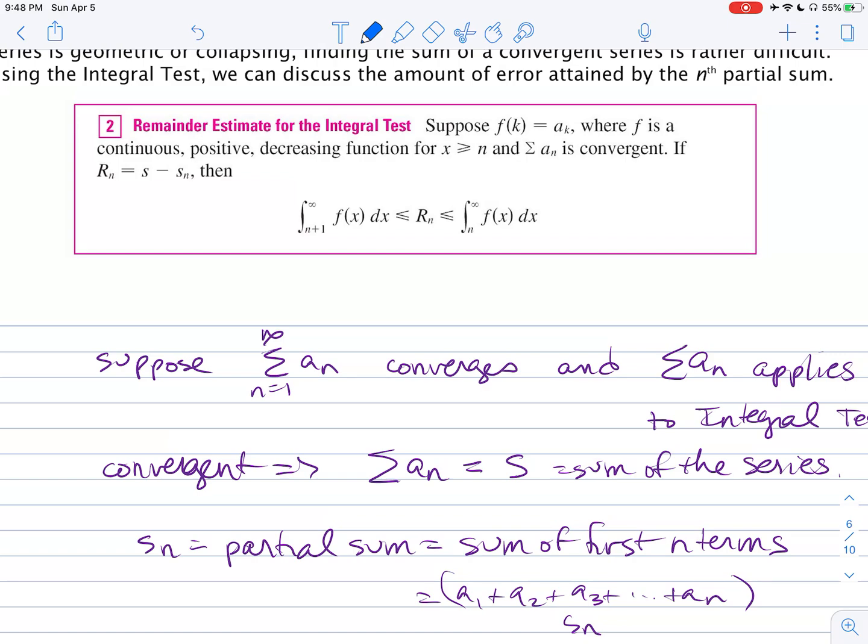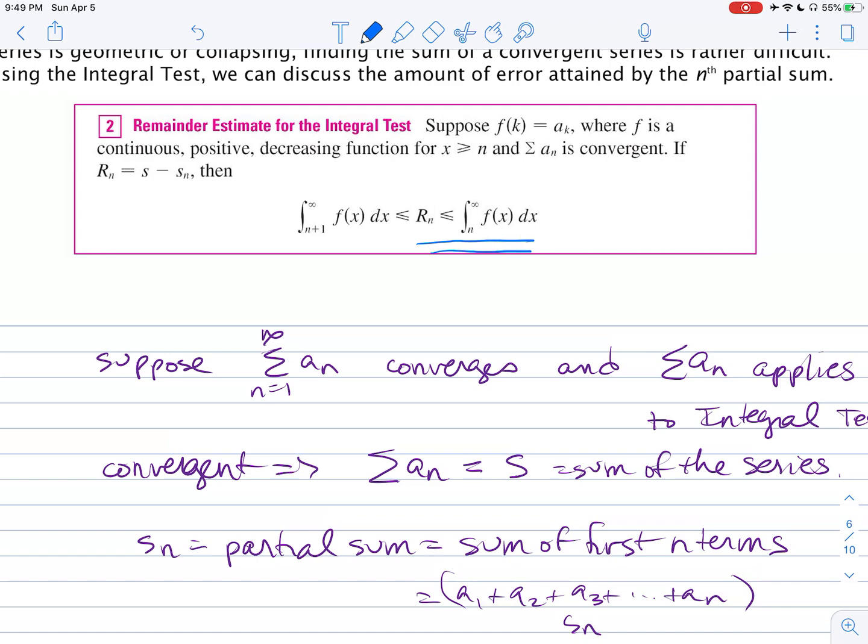And usually in figuring out how much you might be off by, you want to be using the right-hand side of this. But what does this say? It says, suppose your function agrees with every output on your expression a sub n, where f is continuous and it's positive and it's decreasing. That's basically saying the integral test applies. And a sub n is convergent, and you can verify that by calculating the improper integral.